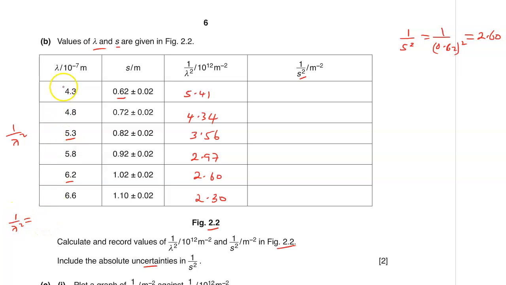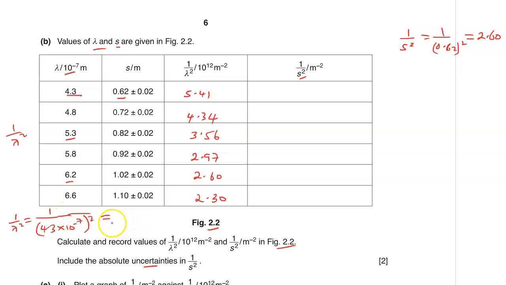This is 4.3 times 10 raised to power minus 7, so it'd be 1 over 4.3 times 10 raised to power minus 7, and you square it.